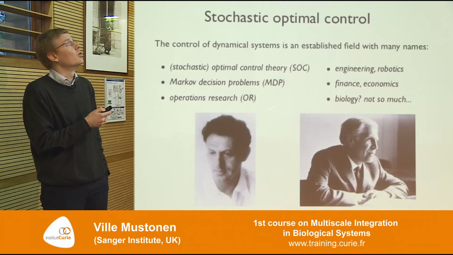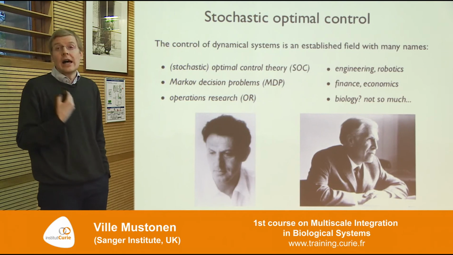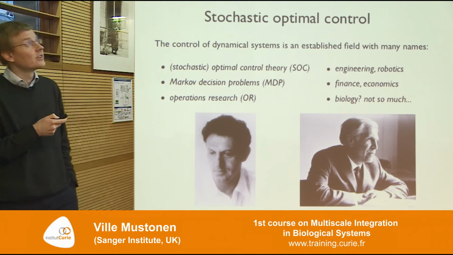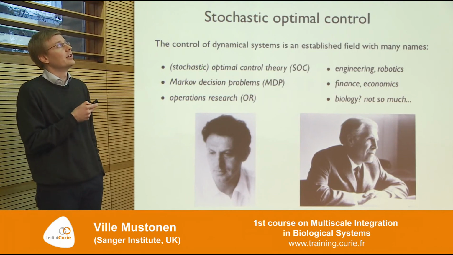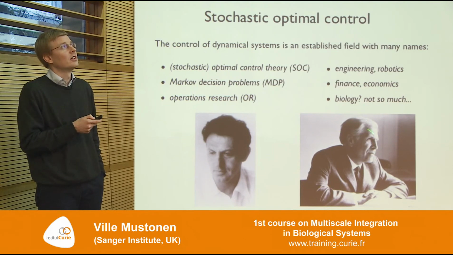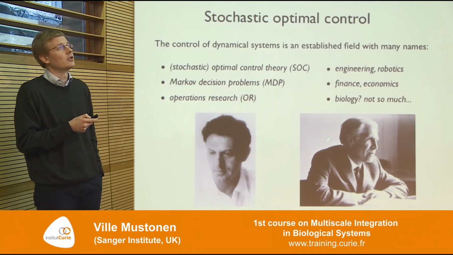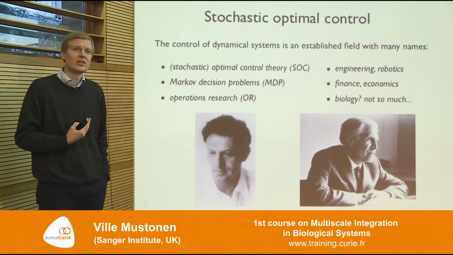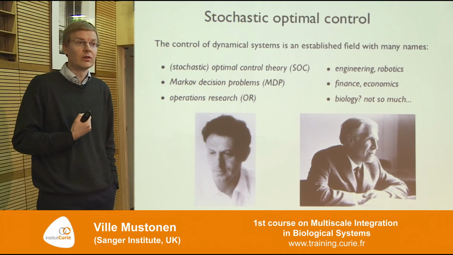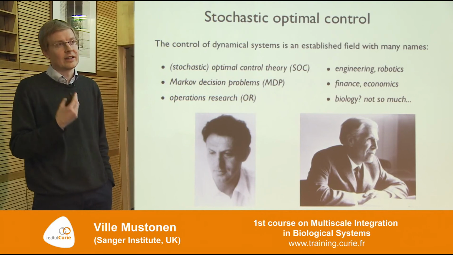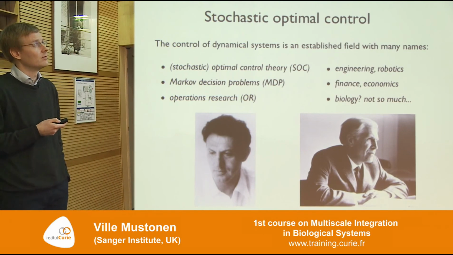And so we have basically looked into stochastic optimal control as one way to analyze such systems, and it's actually a very mature field of study. So engineering and finance, economics, it hasn't been used so much in biology, but in some cases, let's say, immune reaction studies, people use this kind of control theory methods. I at least recall some stuff from there.